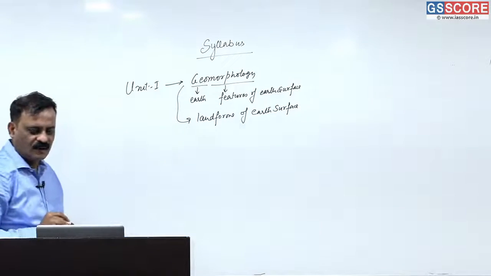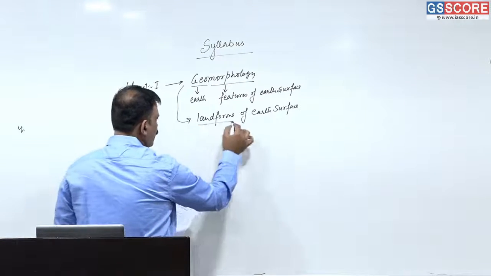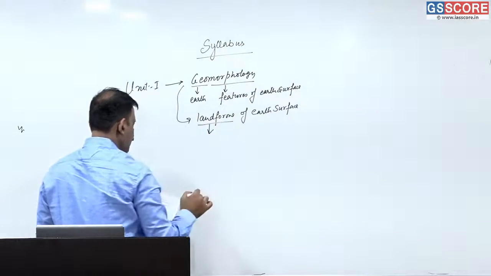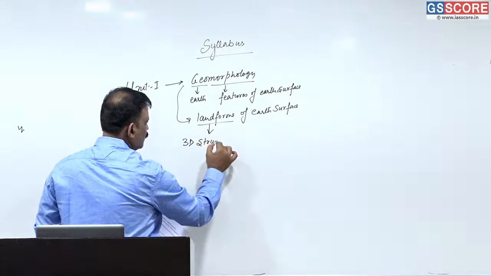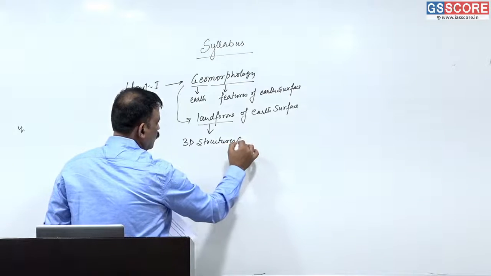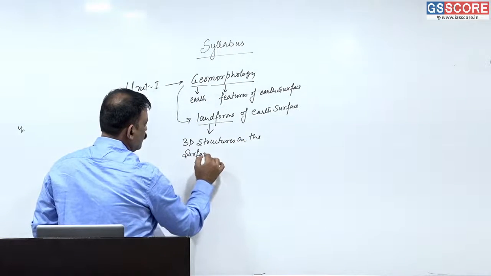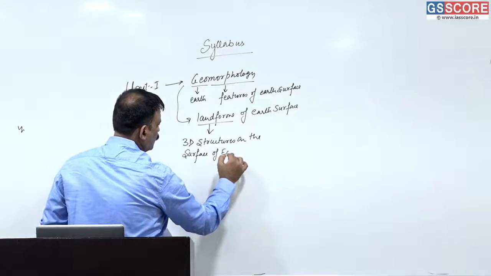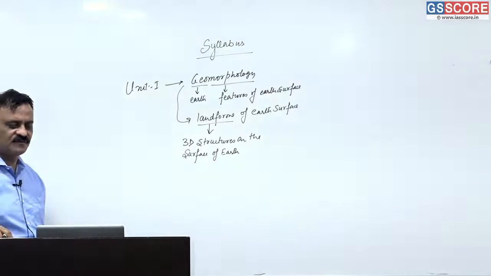Landforms of the earth surface. What is a landform? Landforms are 3D structures on the surface of the earth.